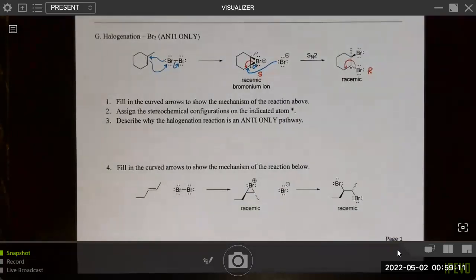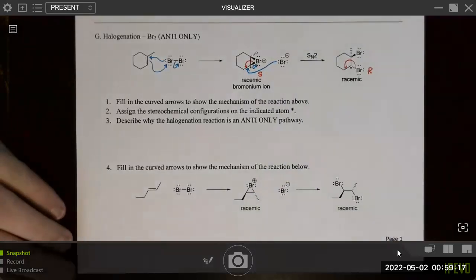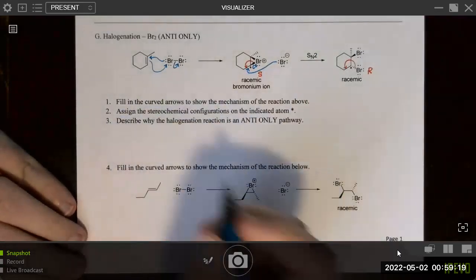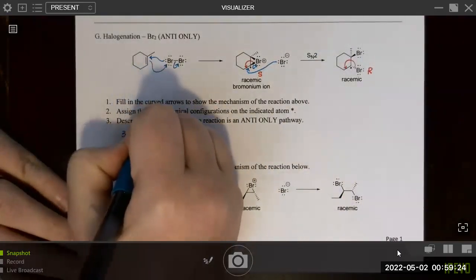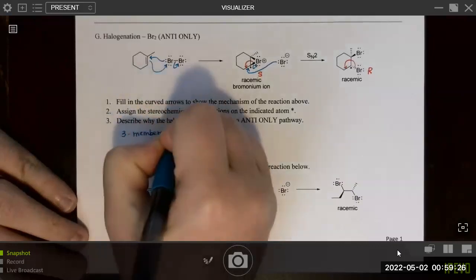So describe why the halogenation reaction is an anti-only pathway. Okay, so it is an anti-only pathway because we go through a 3-membered ring intermediate.